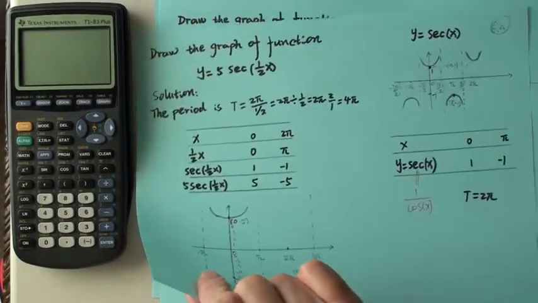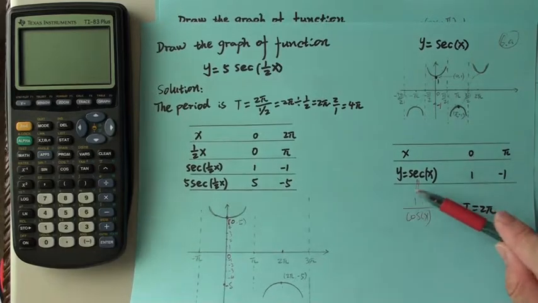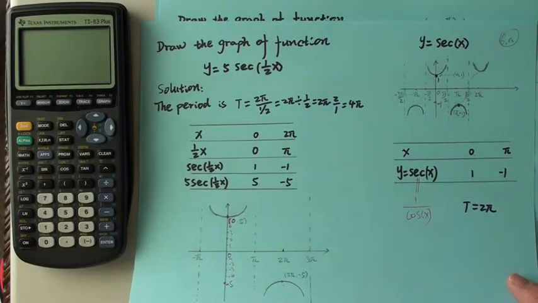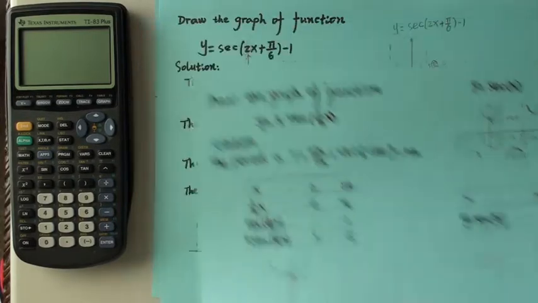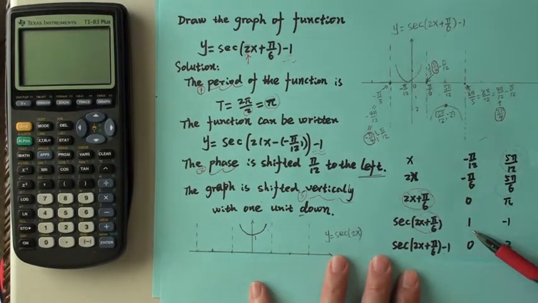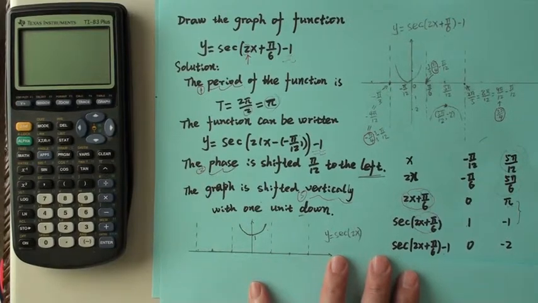Again, I want to emphasize that those two are the same as the previous ones: (0, 1) and (pi, negative 1).